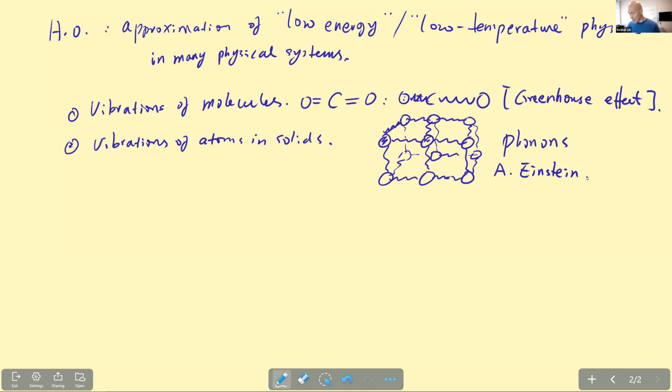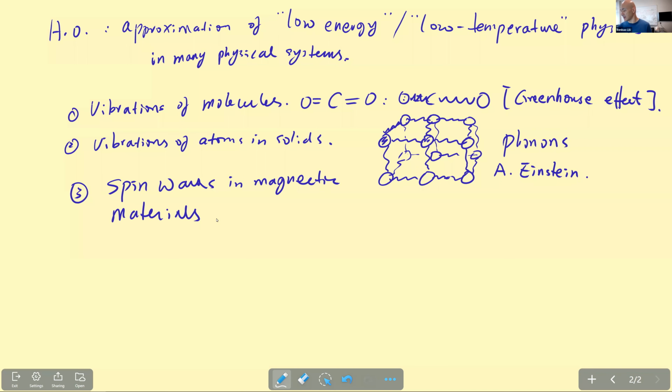You can also have, for example, so-called spin waves. We have not known spin yet, okay? In magnetic materials. That's called a magnon, okay?